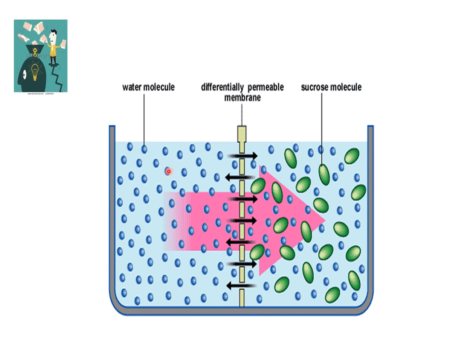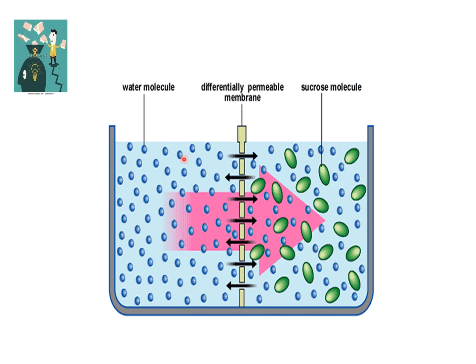But if we separate this sucrose solution via a semi-permeable membrane, on one side we place water, on the other side the sucrose solution, and the membrane is not permeable to sucrose but is permeable to water, then water is the solvent molecule.